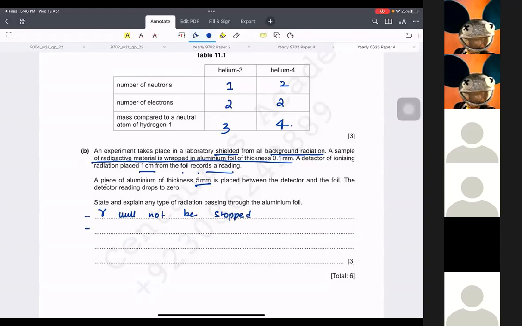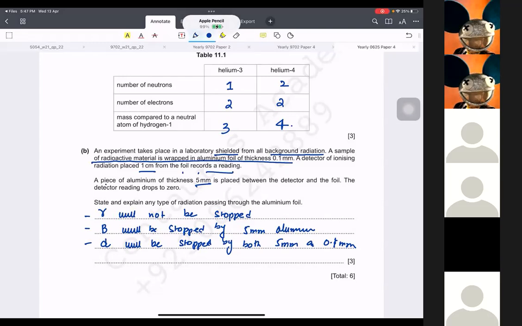And then I would say beta will be stopped by 5 millimeter aluminum. And alpha will be stopped by both 5 millimeter and 0.1 millimeter, because alpha cannot pass paper. How would it pass aluminum? That's crazy, right? So here we go.